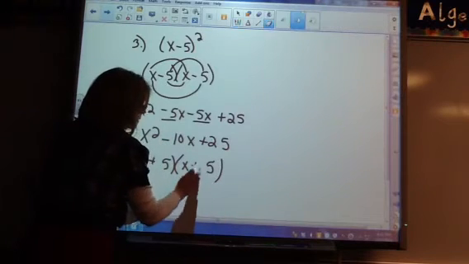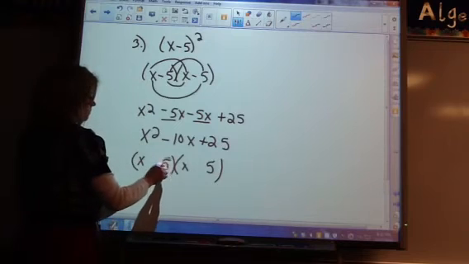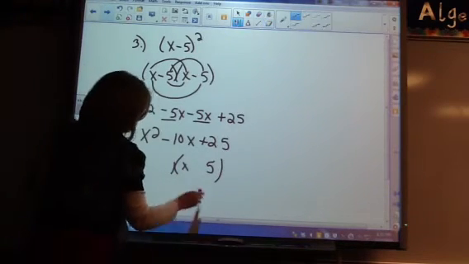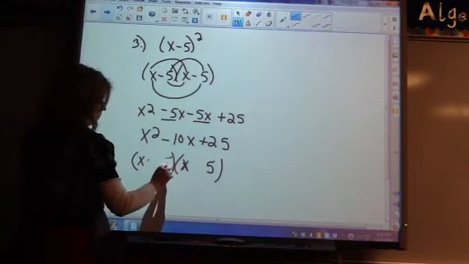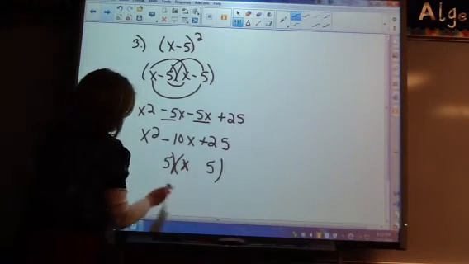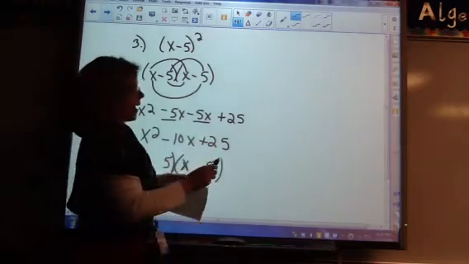So it's not a positive 10x. It's negative. So I want you to start thinking, we know that we need 25.